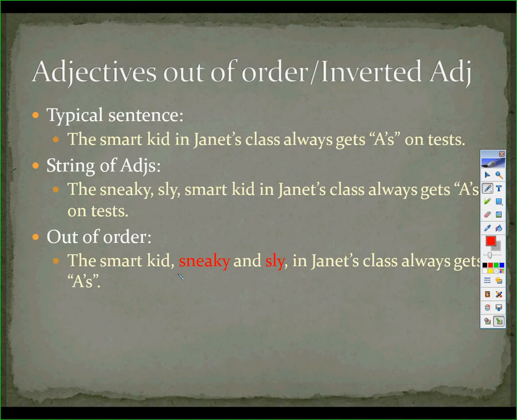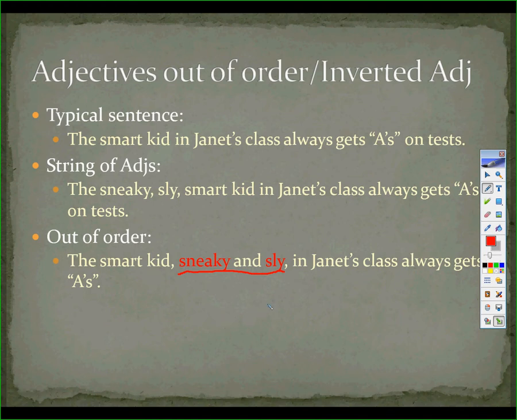However, when we add sneaky and sly, now we're qualifying almost the why he's smart. There's something else in there other than just the typical, you're born with brains, right?